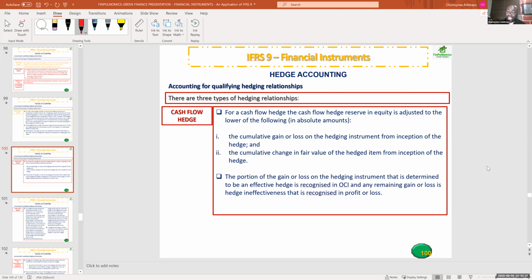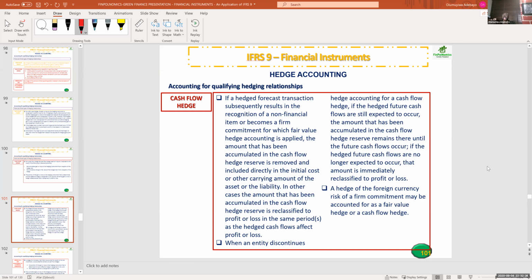Okay, and for net investments, all your portion of the hedge instrument gain or loss will equally be recognized in OCI because the foreign operation has yet to be realized until the impact of that affects your profit or loss before you release such portion to your profit or loss.